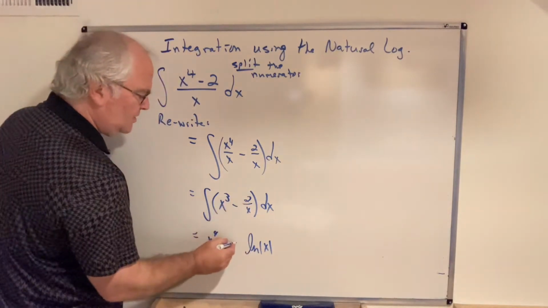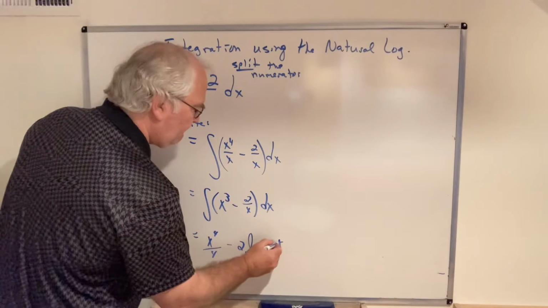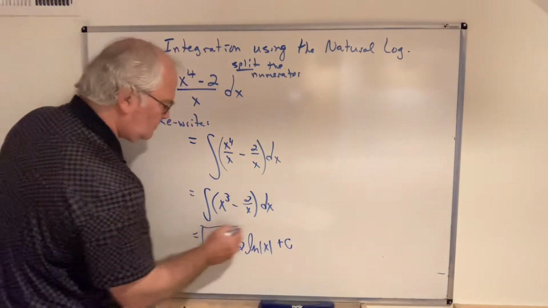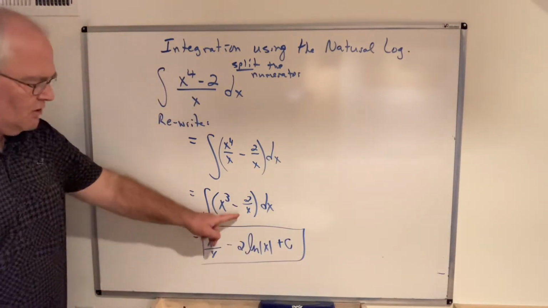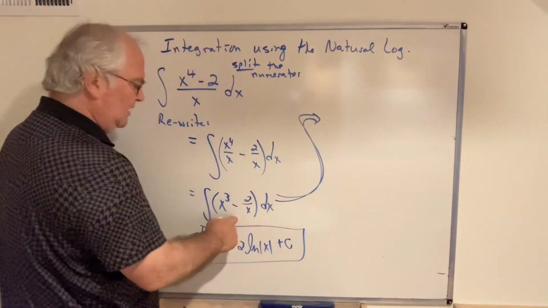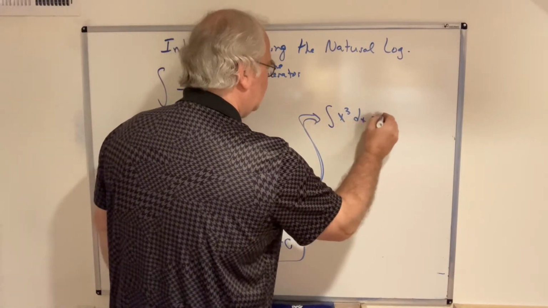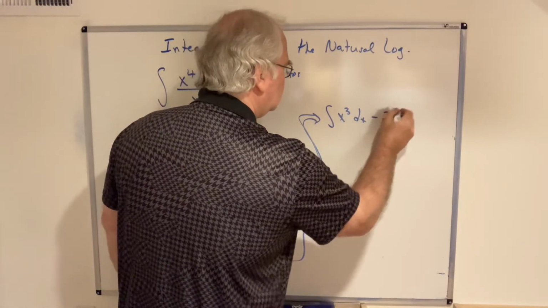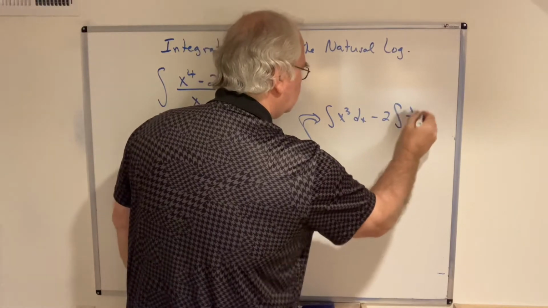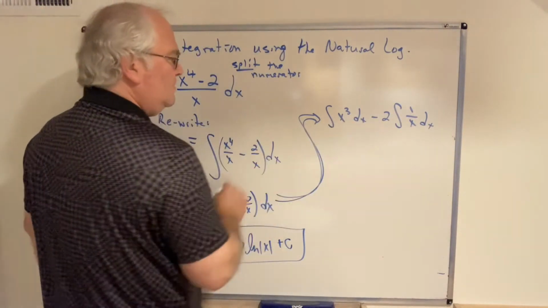What about the 2? The 2 is a constant multiplier. It just multiplies along. What you may do, if this is confusing, if you wish, is split this into two integrals. So I just took this constant multiplier and threw it out front here.